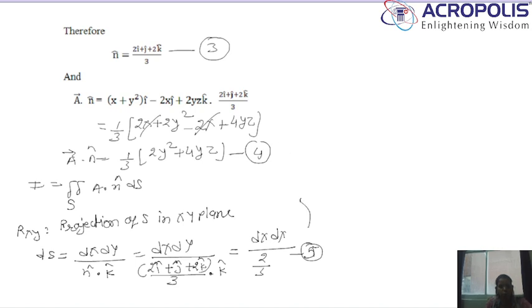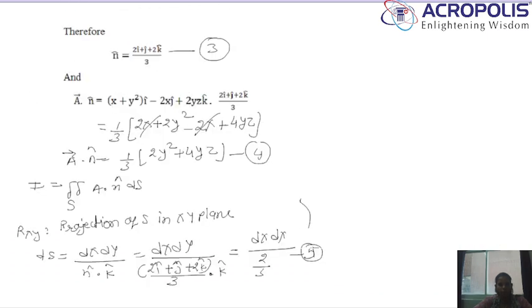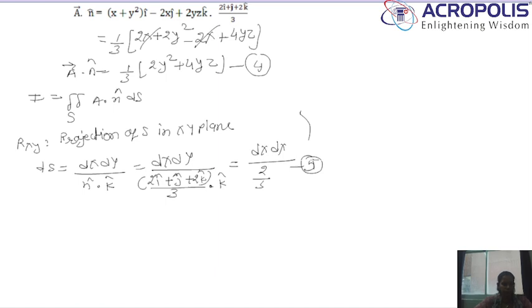Now put the values of 3, 4, 5 in equation 1. So here I is equal to the double integral, and the value of A dot n cap will be, if we take 2 outside, 2 by 3 times y square plus 4yz.